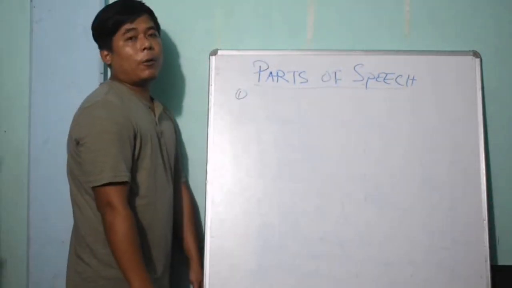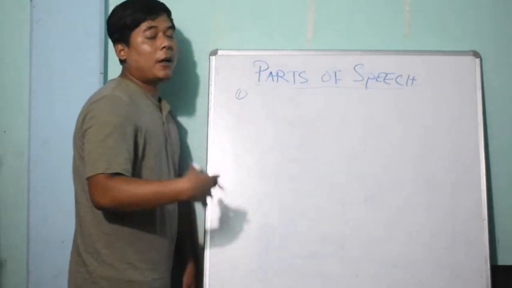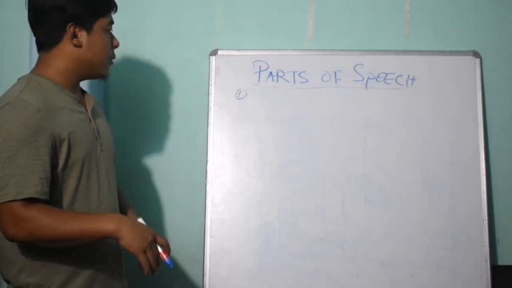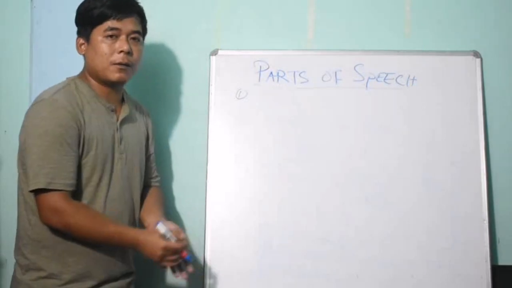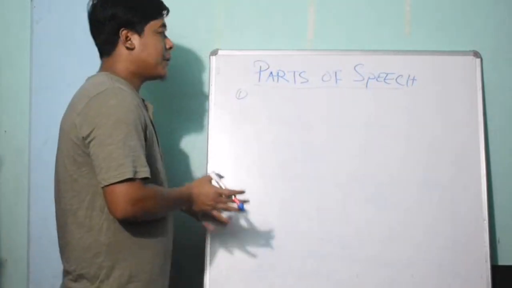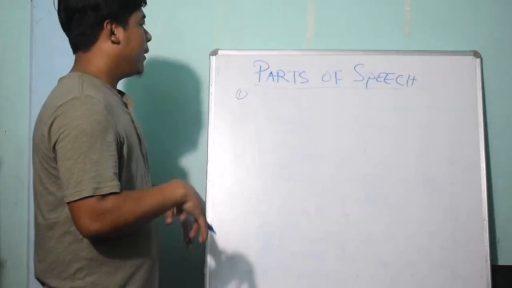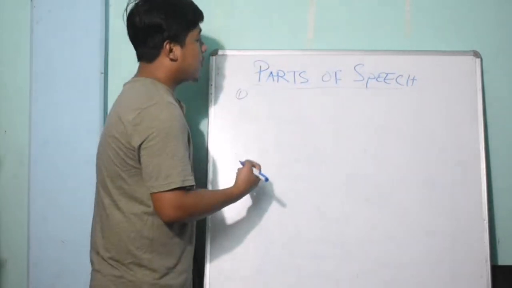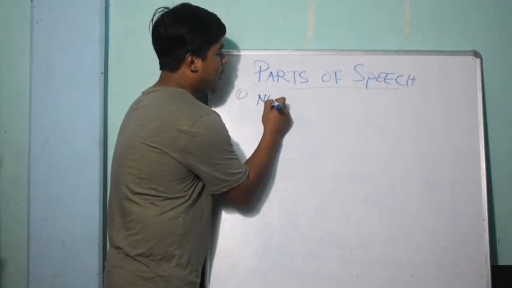But this class is only going to be an overview of parts of speech, because we will discuss each and every part of speech in detail. There are 8. We will discuss each in a more detailed way in the next few classes to come. As for today, it will only be a summary. So the first one is noun.